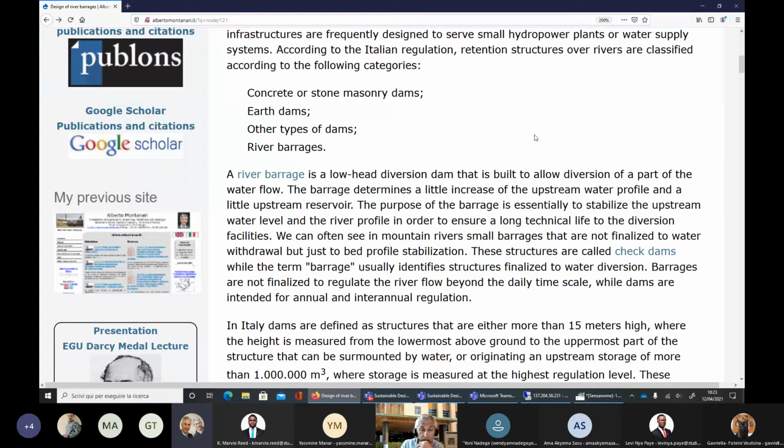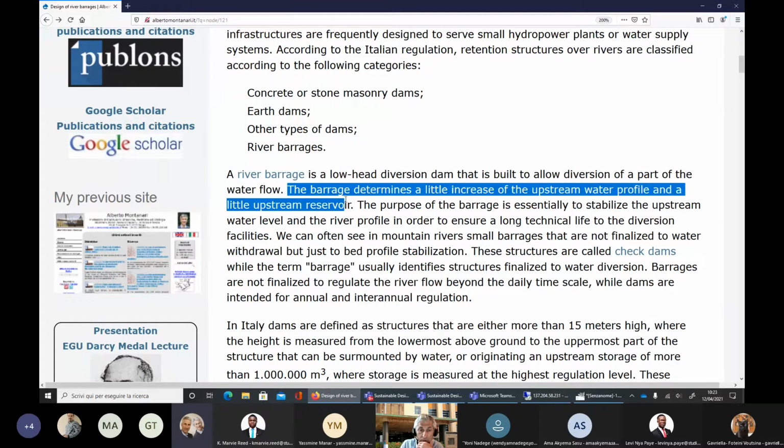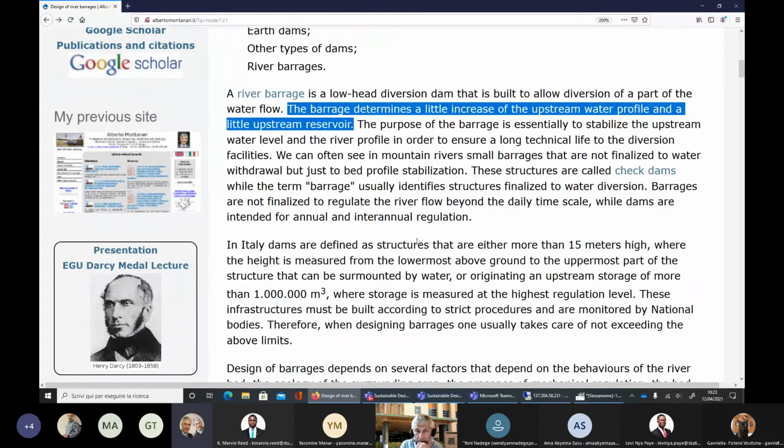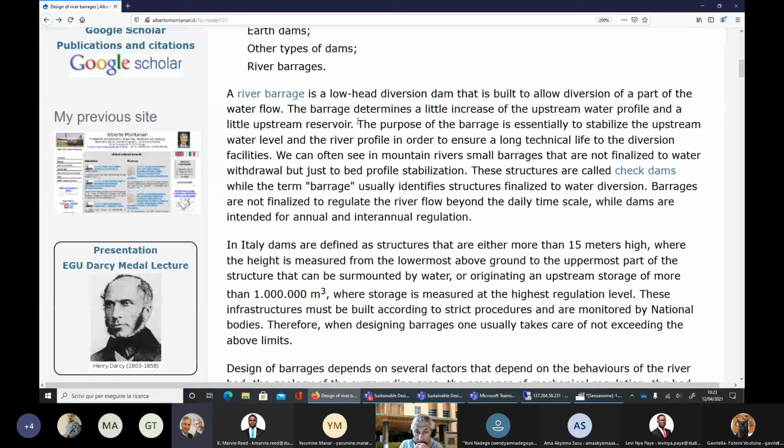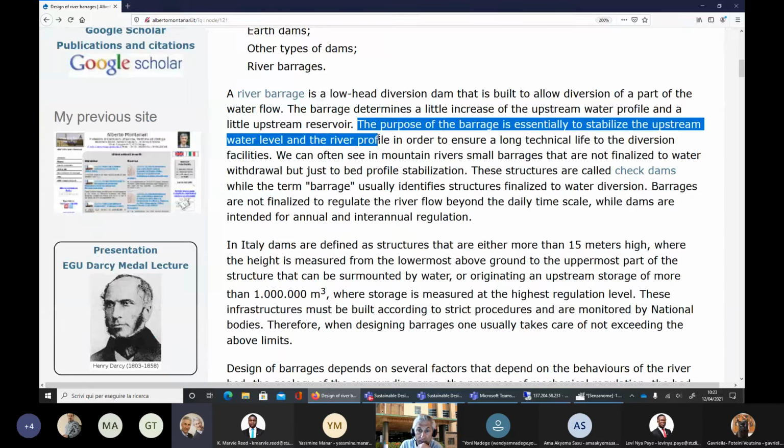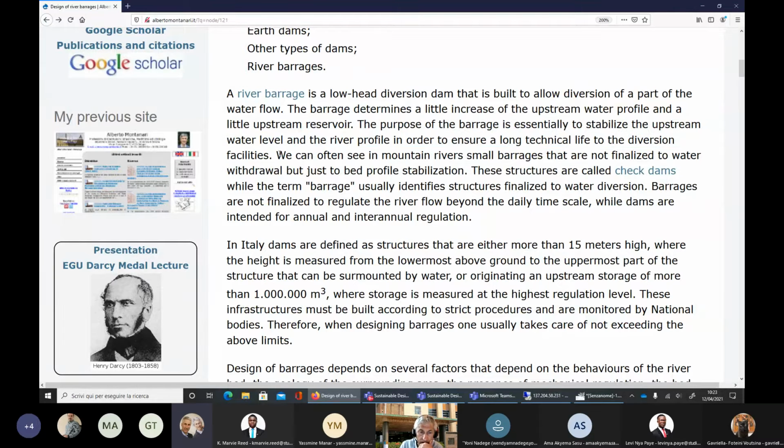Okay. The barrage determines a little increase of the upstream water profile and a little upstream reservoir. And you may ask, how little? I'll give you the details. Here there is written something that we already know. The purpose of the barrage is essentially to stabilize the upstream water level and the river profile. Okay, very good. And here another important thing.